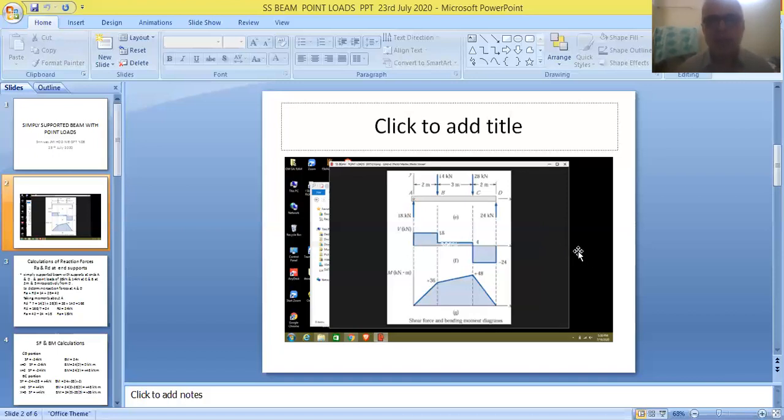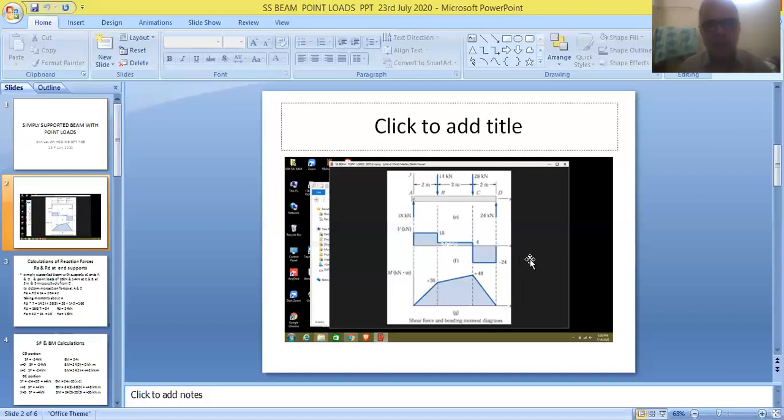Now finally, for any force that is acting in downward direction, a positive sign must be given, and a negative sign must be given to all the forces shown in upward direction.